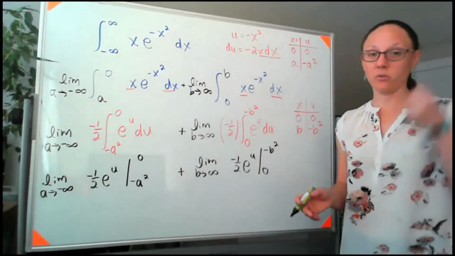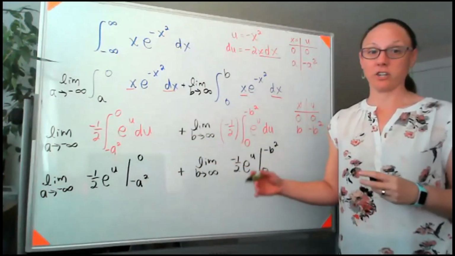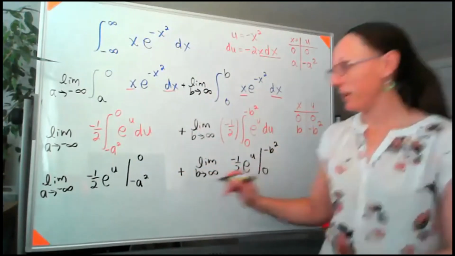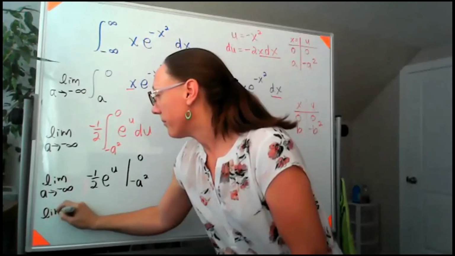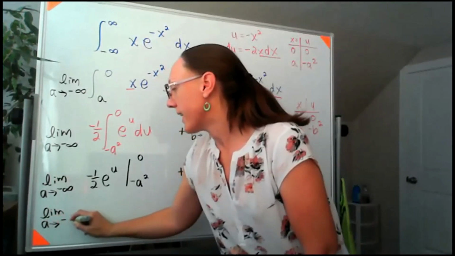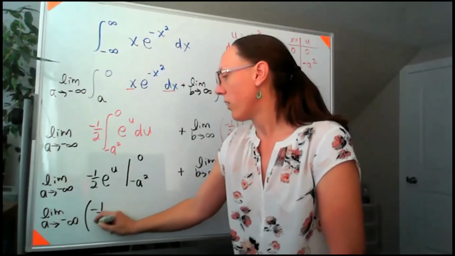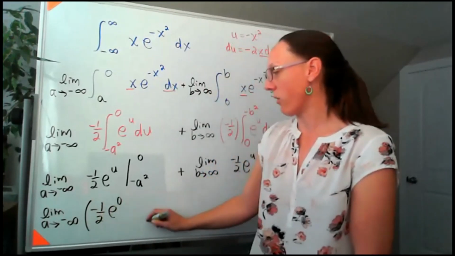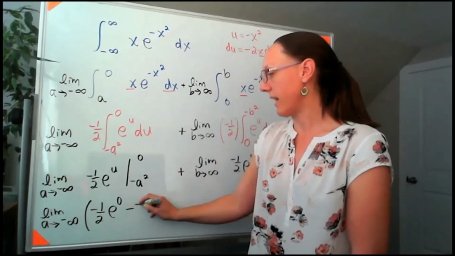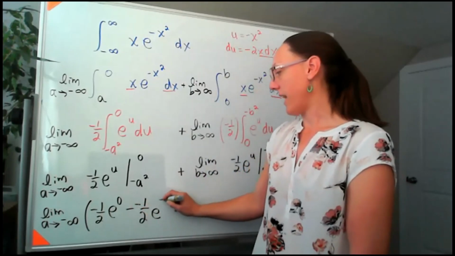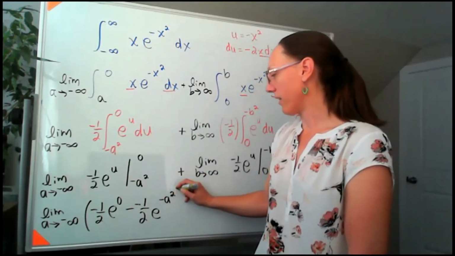Next thing we're going to do is to plug in our limits of integration. So we're plugging in the top, subtracting off plugging in that bottom. So I've got the limit as a approaches negative infinity of negative 1/2 e to the 0 minus negative 1/2 e to the negative a squared.